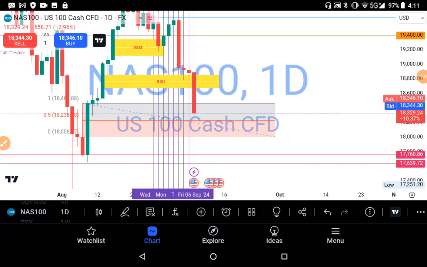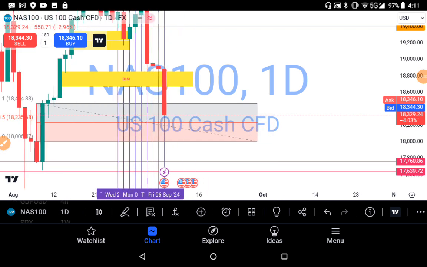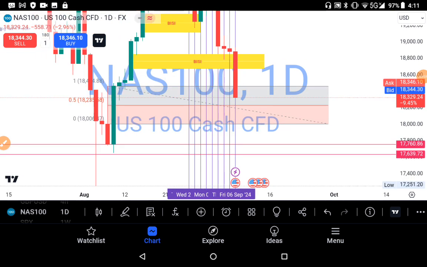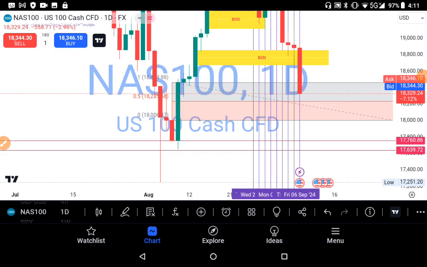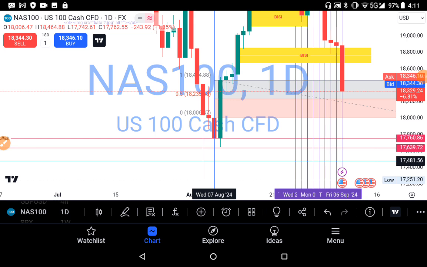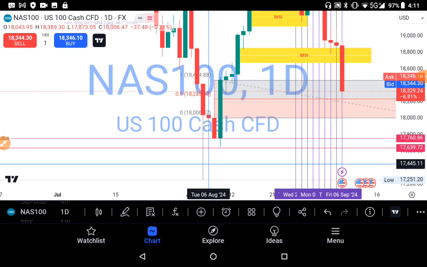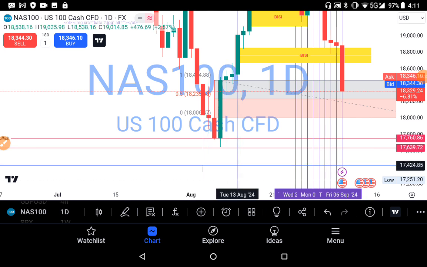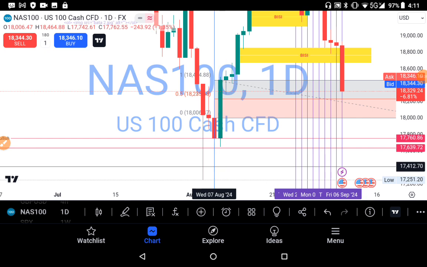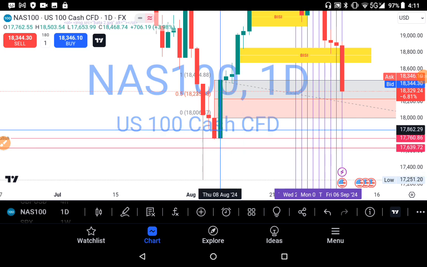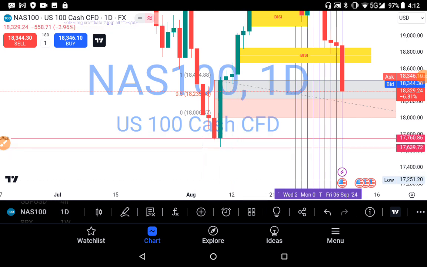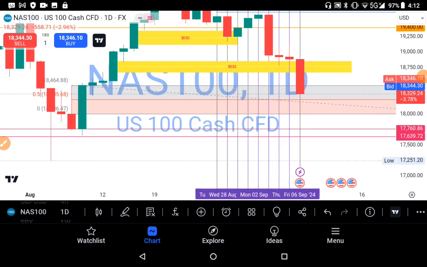So what am I expecting? I'm expecting a possible movement into 18,235. That will be the consequent encroachment of the candle that forms on the 6th of August, so that falls on the 7th of August, the consequent encroachment of the week of that candle.